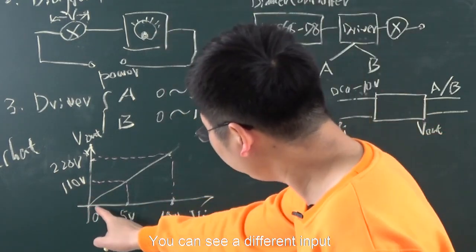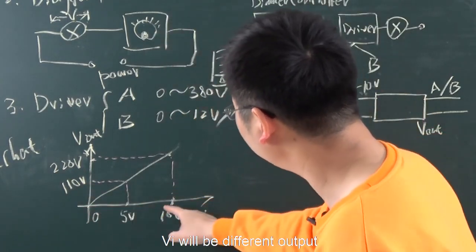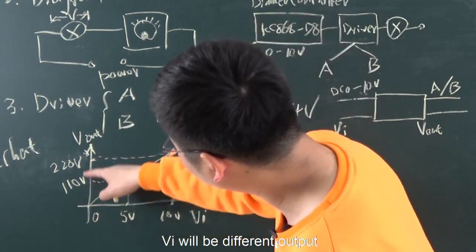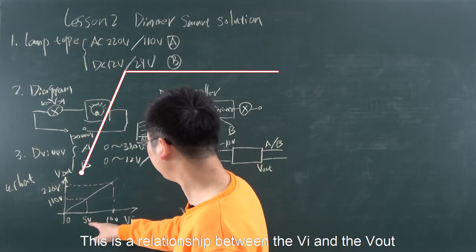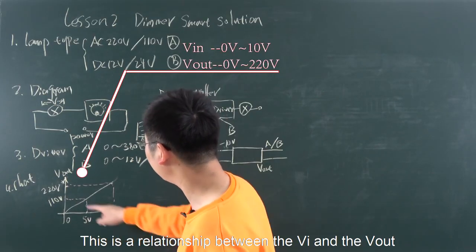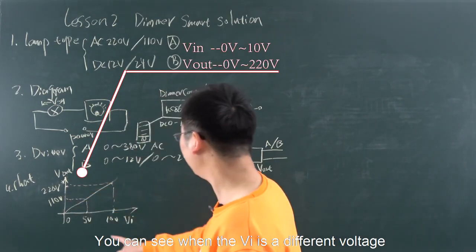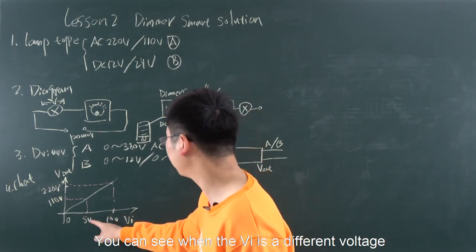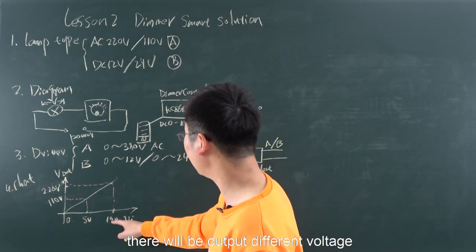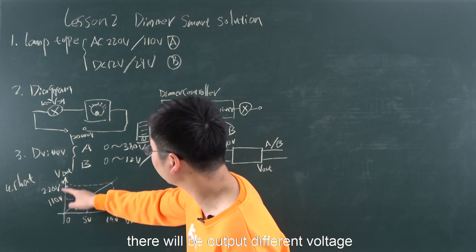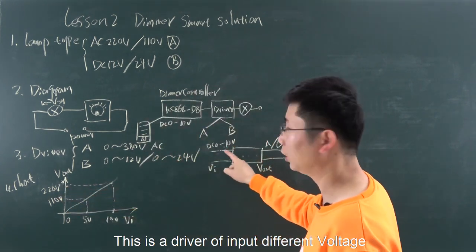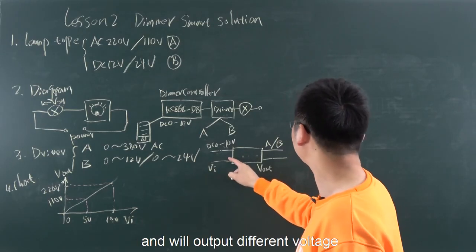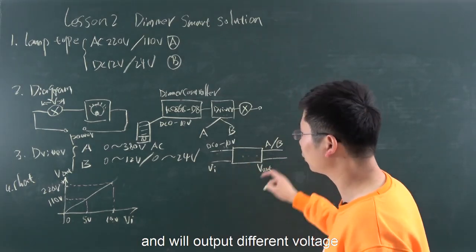So you can see that a different input V in gives a different output V out. This is the relationship between V in and V out. When V in is 5 voltage or 10 voltage, there will be different output voltage. So this is the driver: input different voltage and it outputs different voltage.